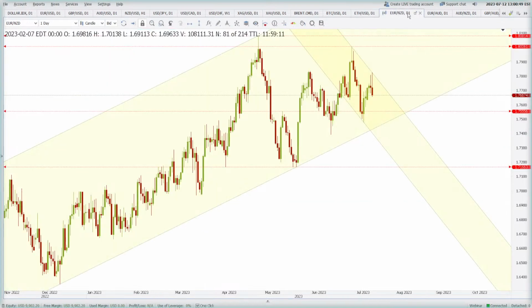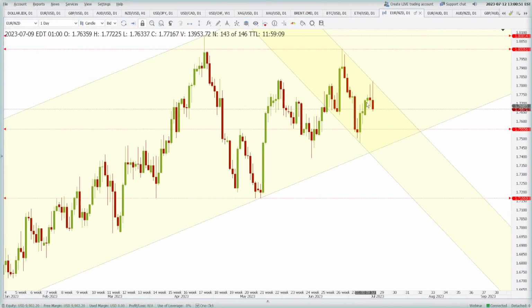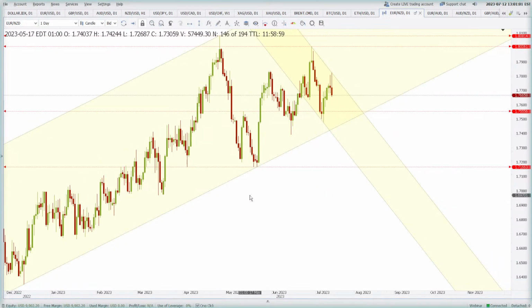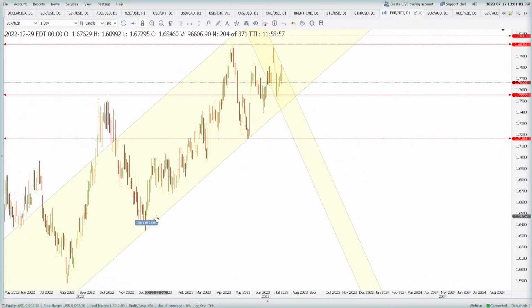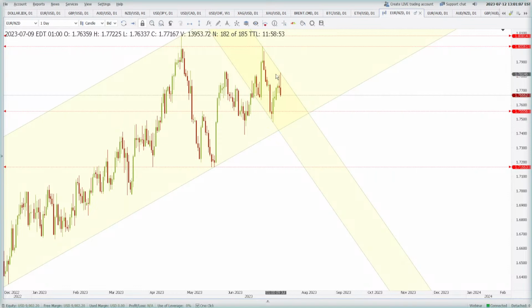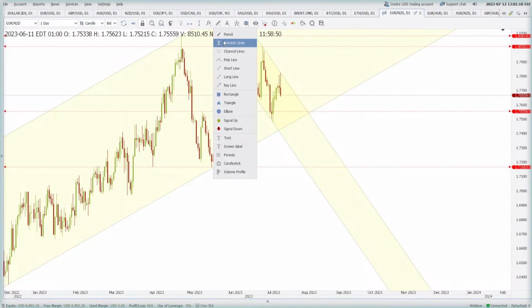Nothing much. Euro New Zealand, I think I have already covered. This is a bearish engulfing. That means the price is going towards 1.7555. Now, if here the price gets support, then it's fine. But if it doesn't, then there is a possibility that the price action will break this rising channel. In this case, if this rising channel is broken, then we will get an alert and we will have a head and shoulder breakdown.